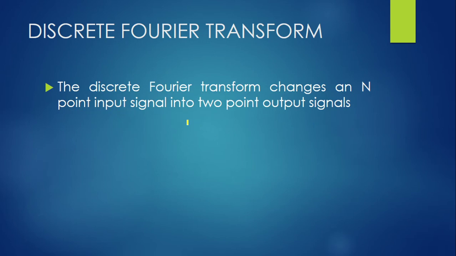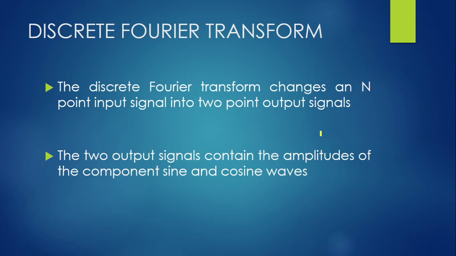So basically what discrete Fourier transform does is change an N-point input signal into two N/2+1-point output signals. I will explain how. These two output signals contain the amplitudes of the components of the sine and cosine waves.